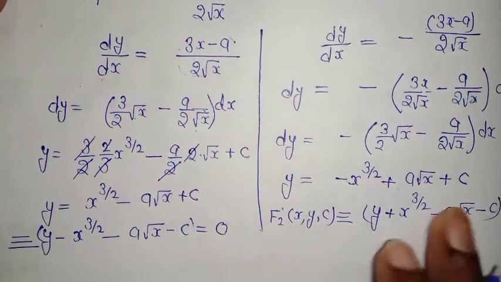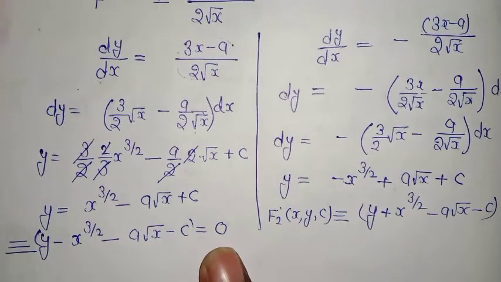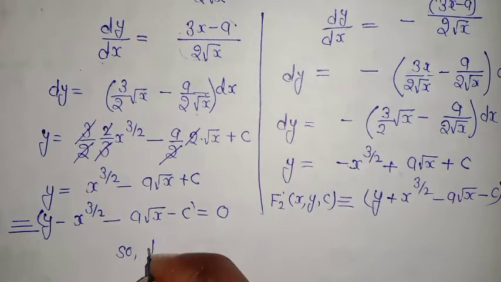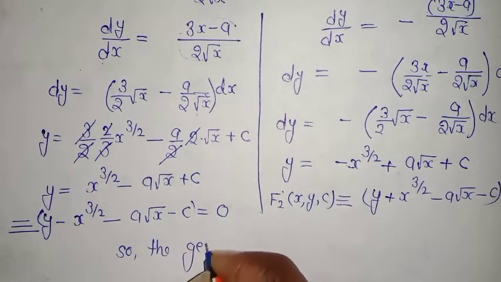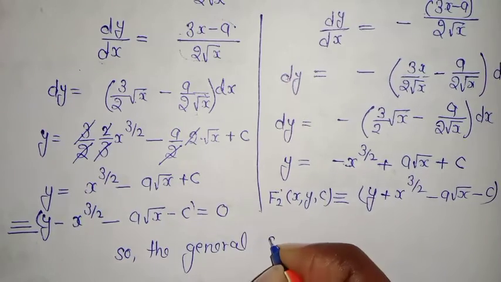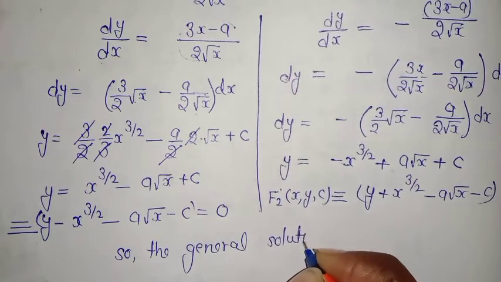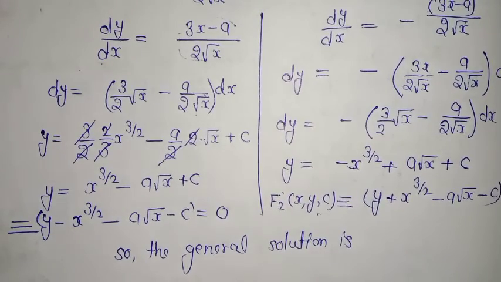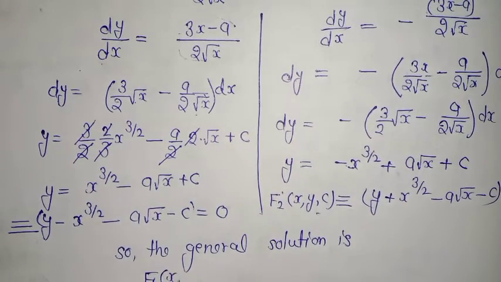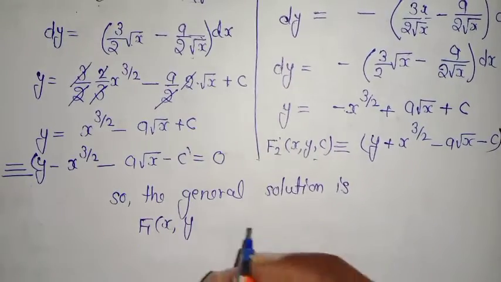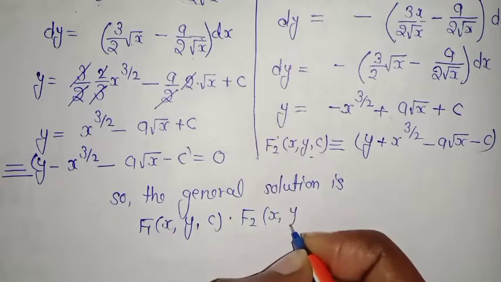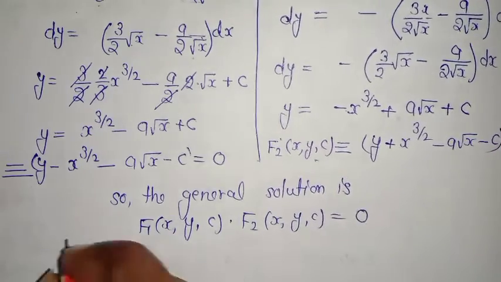Now the product of these two terms will give us the required general solution. So the general solution is the product of these two: f1 of x, y, c into f2 of x, y, c is equal to 0.